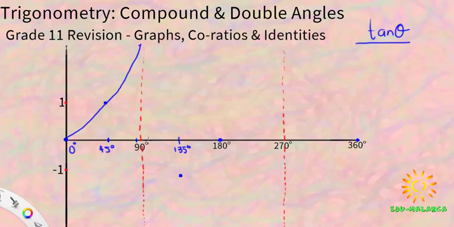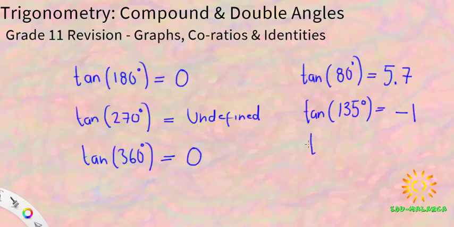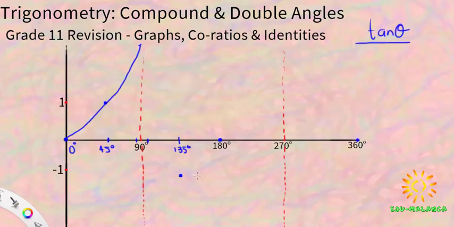So at this point, about halfway there, we go to -1 on our tan graph. Okay, let's pick a value close to here again. So we'll pick 100 degrees. The tangent of 100 degrees is equal to minus 5.7, which is somewhere down there. So here on tan, the values are doing this and getting smaller about the asymptote.